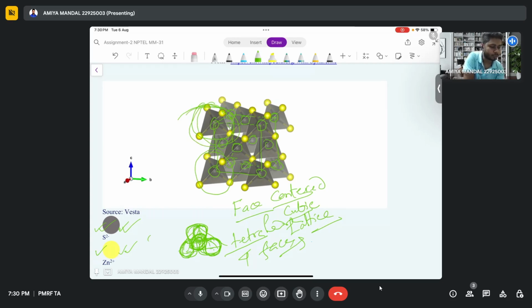zinc, Zn2+ ions are tetrahedrally arranged with sulfide at the center. At each face center also, sulfur is situated. And each zinc atom, you see this, and this, and this.